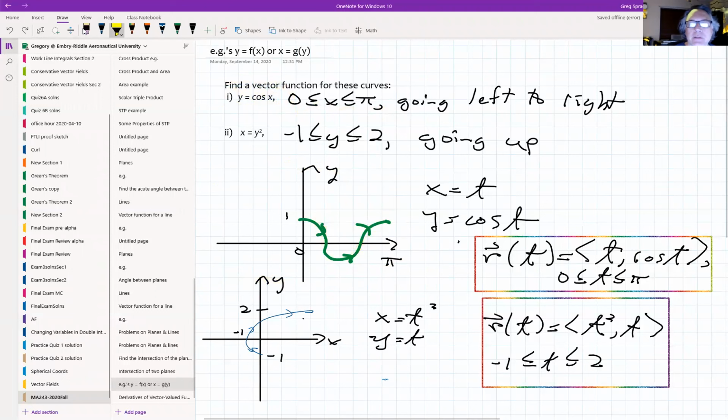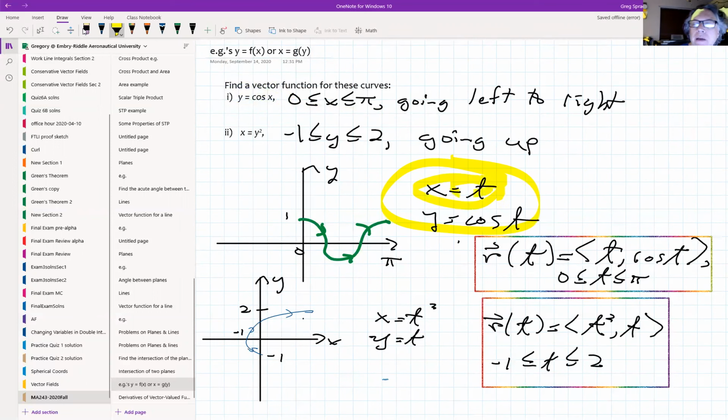I'll start with parametric equations. Since y is a function of x and x is free, I'll let x equal t and y is cosine t. And t goes, since x goes from 0 to pi, t goes from 0 to pi.